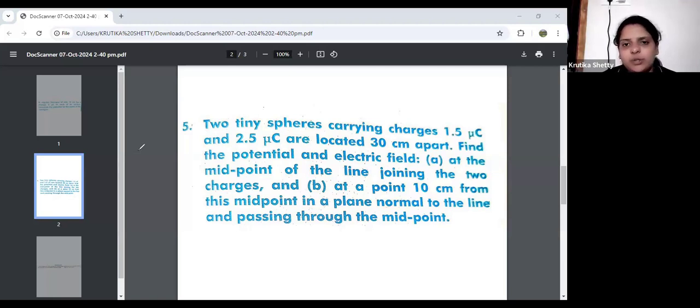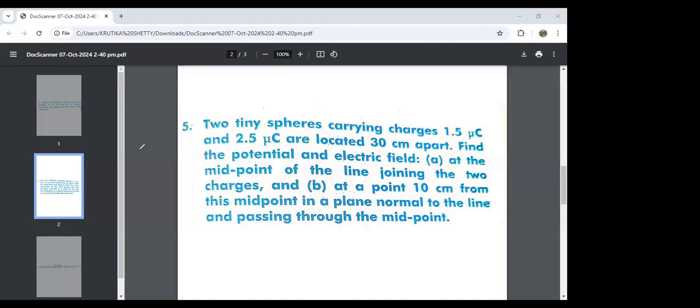Here R1, R2, see how it comes. Here the distance is given as 30 centimeter apart, but from the midpoint you have to consider. Here one sphere, and here one sphere. This is the line joining them.